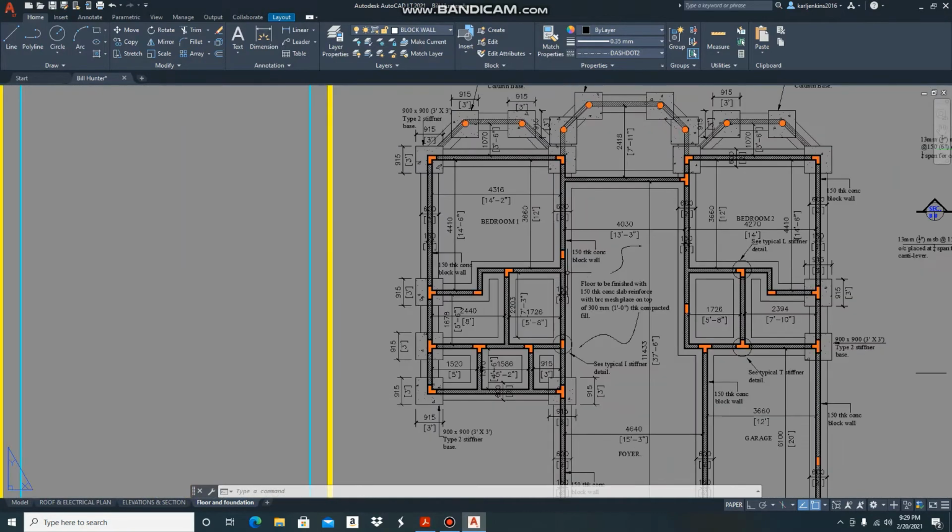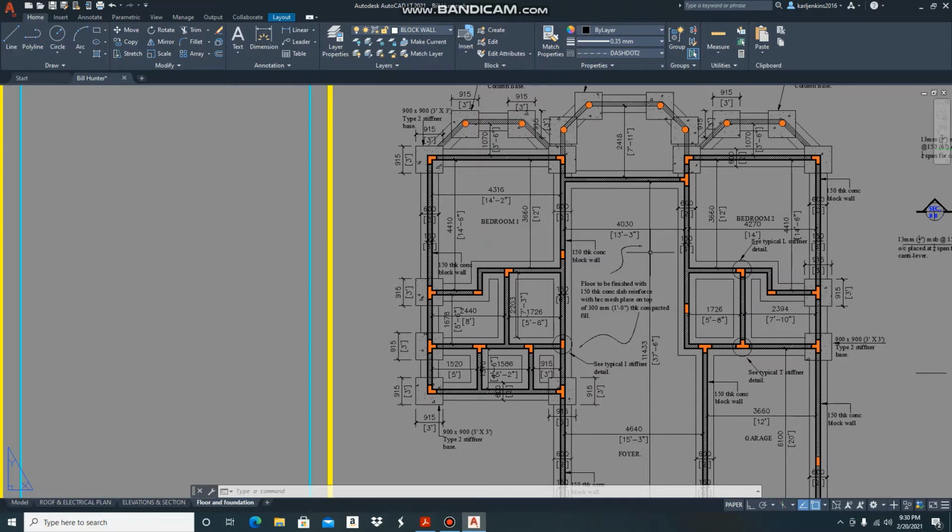Let me point out to you, last week I mentioned that in terms of drawings, your floor plan is the most critical. But when it comes to the actual construction of the building, your foundation plan is the most critical of them all, okay?